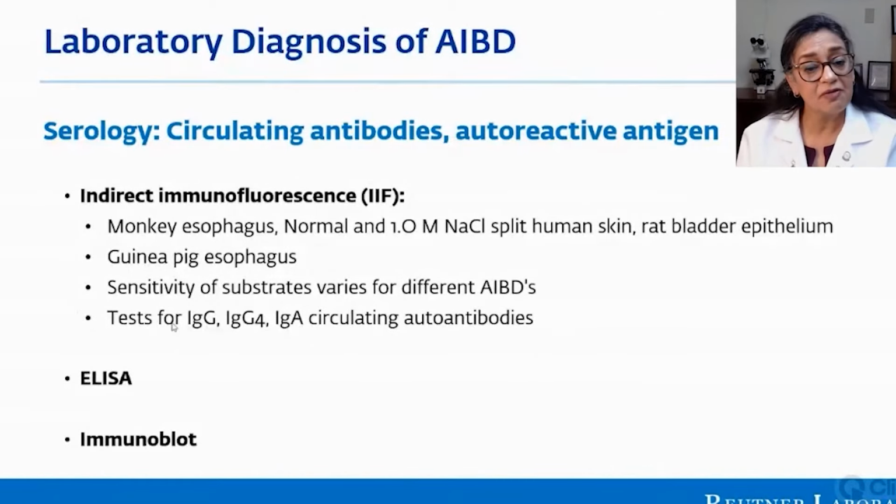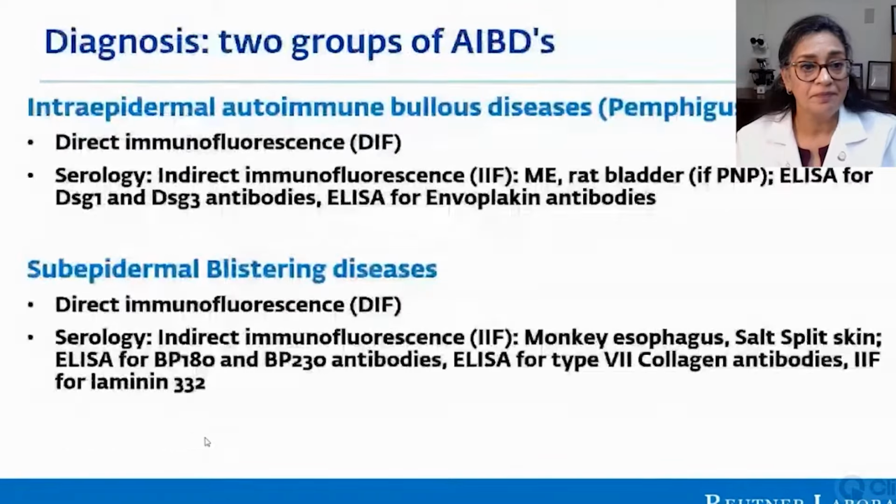The sensitivity of various substrates varies for different AIBDs, and these substrates can be used for detection of IgG, IgG4, and IgA circulating antibodies, as well as plakin antibodies, which can be done on rat bladder epithelium. ELISAs are commercially available for some, but not all AIBDs. And for AIBDs where there are no ELISAs, immunoblots are done in research settings only.